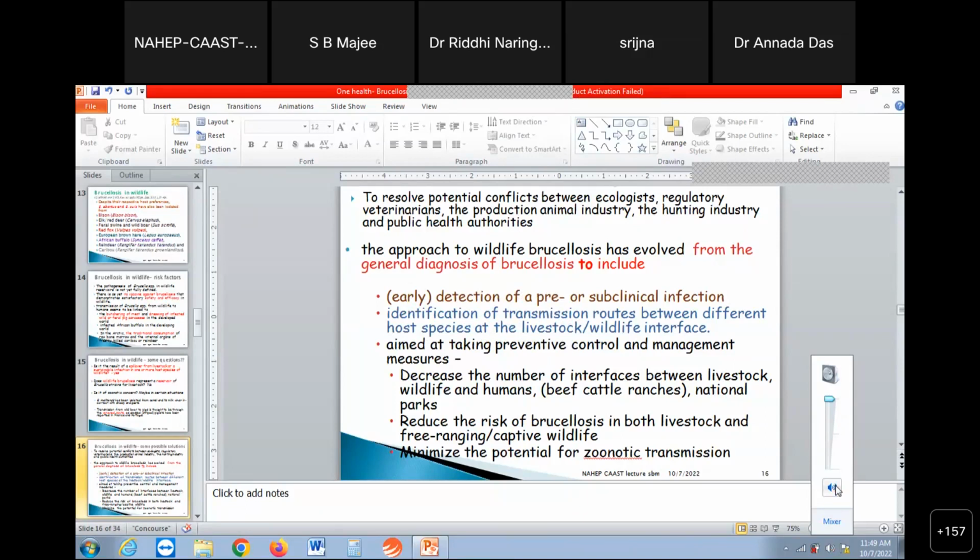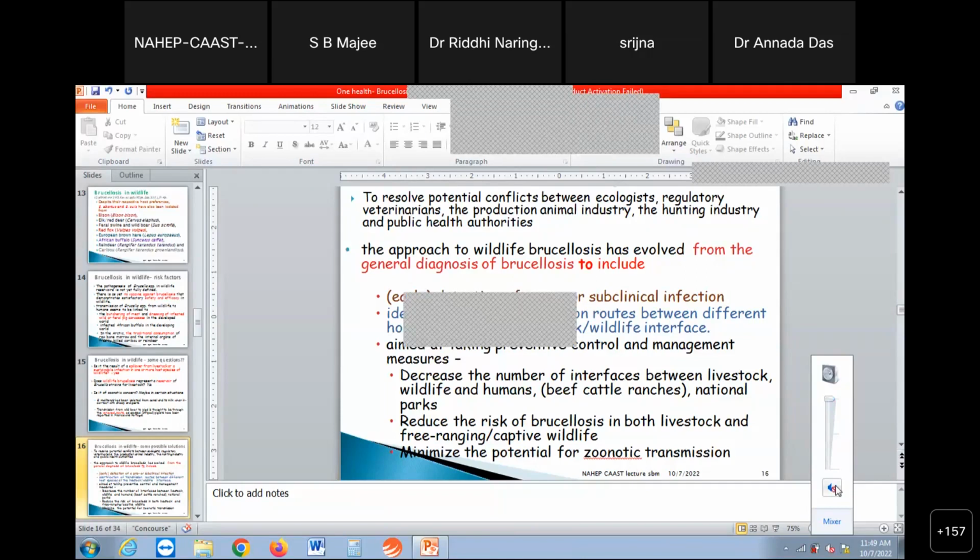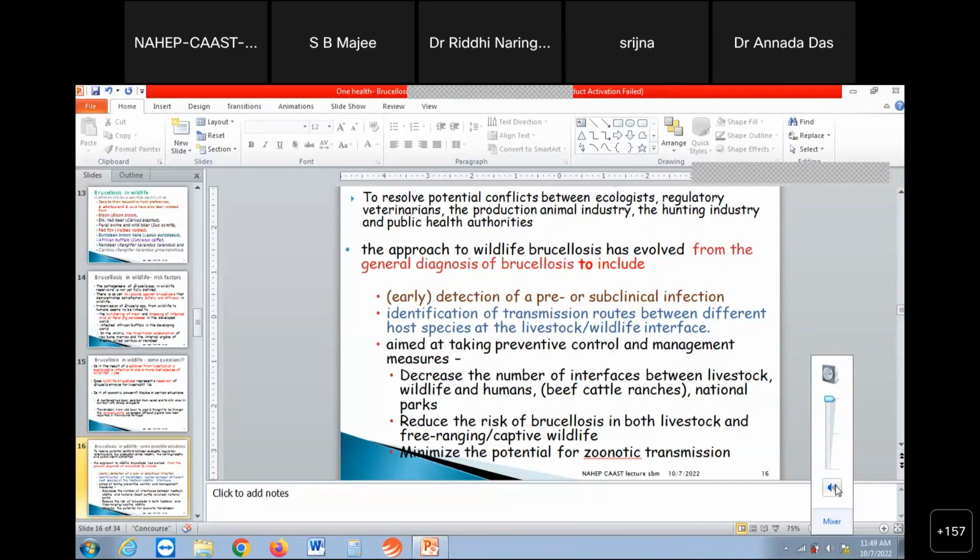Now how to reduce the risk of brucellosis in both livestock and free-ranging and captive wildlife should be our biggest concern, and this is the only way which would minimize the potential for zoonotic transmission. So we have to reduce the number of people and livestock staying around the national parks, get them tested, make them free of the disease, and keep the free-ranging and captive wildlife far from them, especially in zoos.